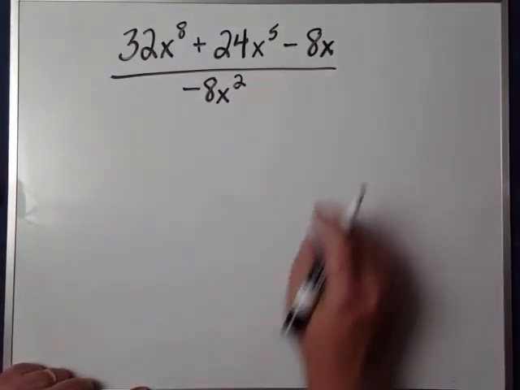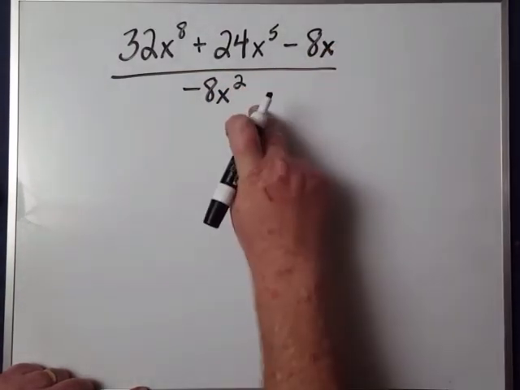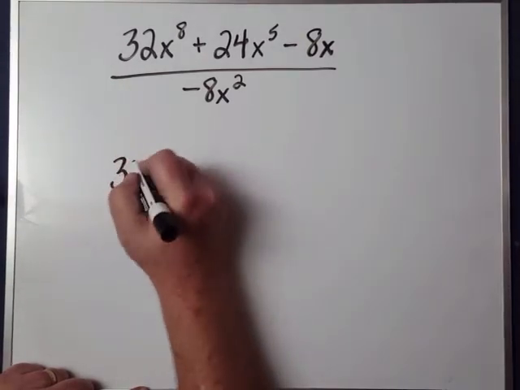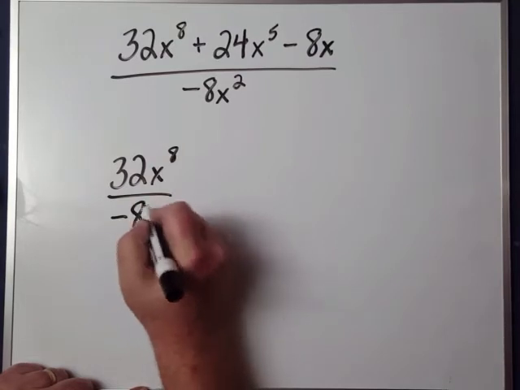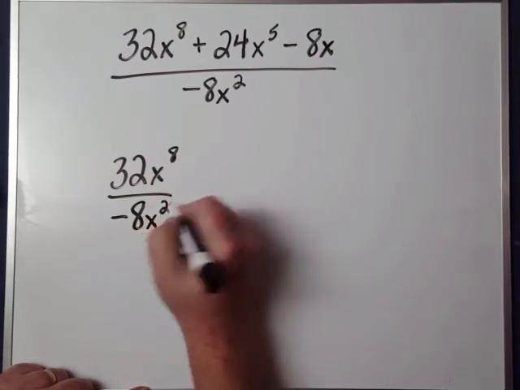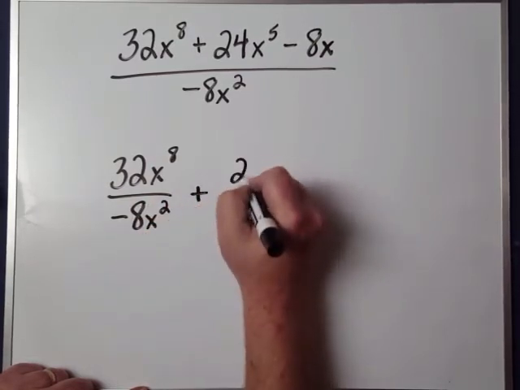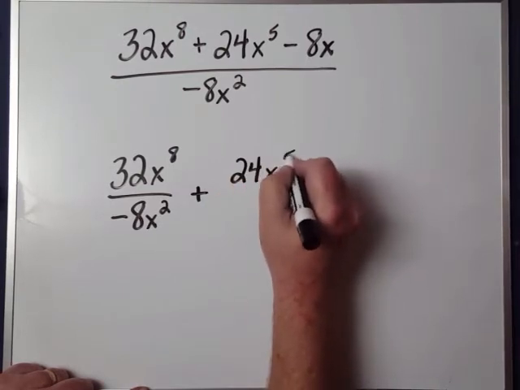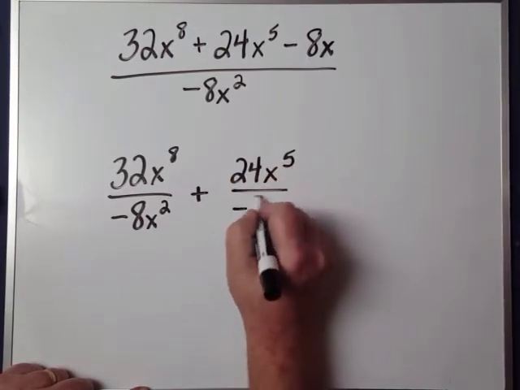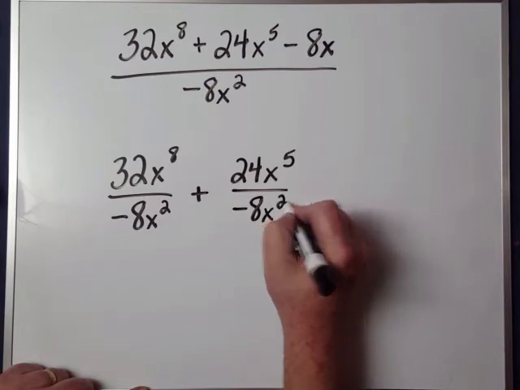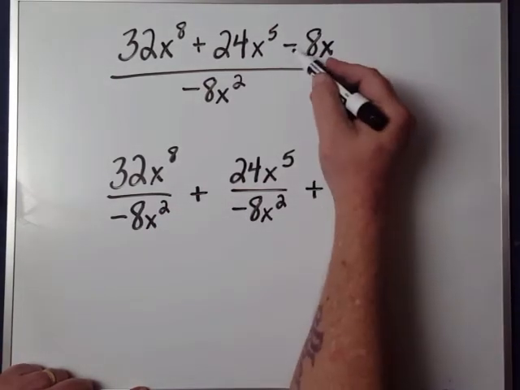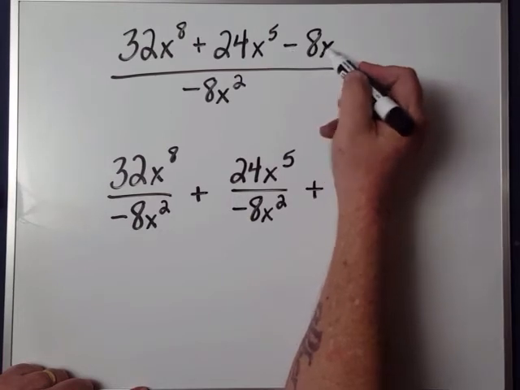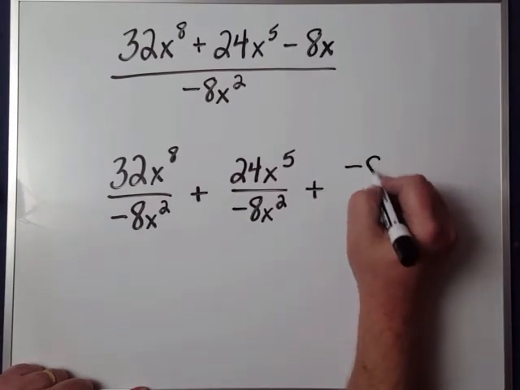Our rule says that to divide a polynomial by a monomial, we divide each term of that polynomial by this common monomial divisor.